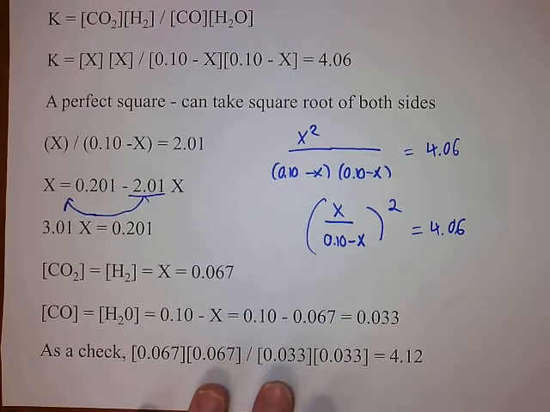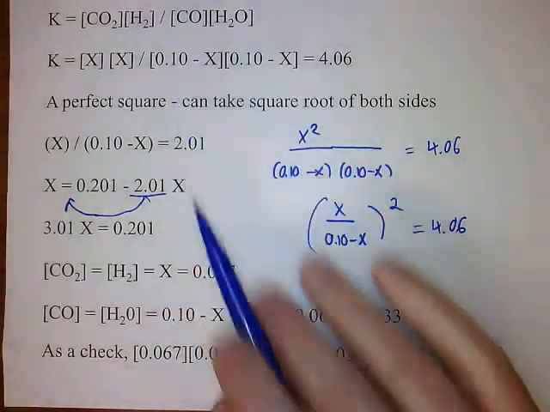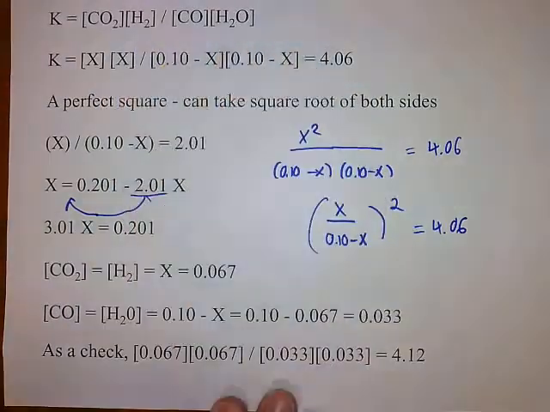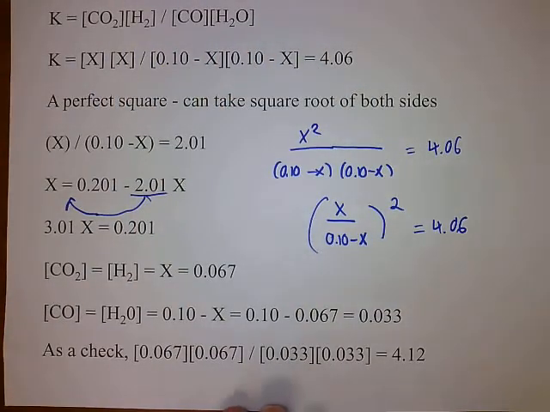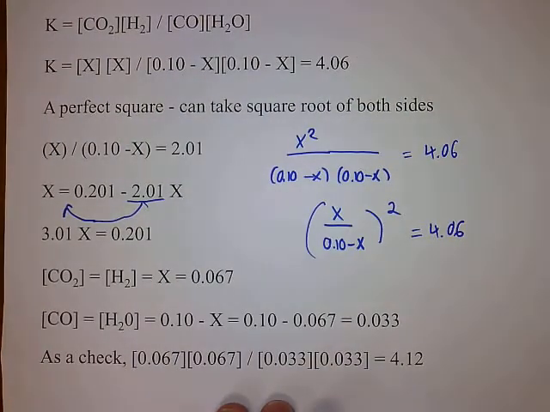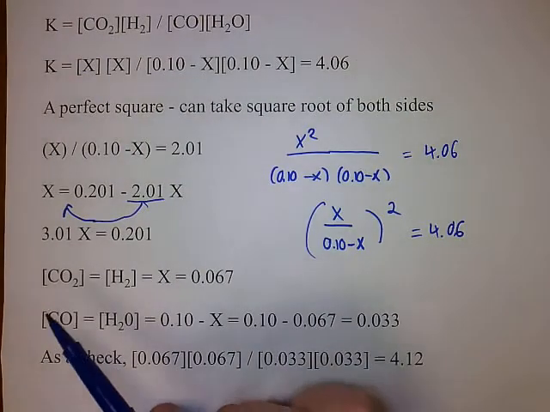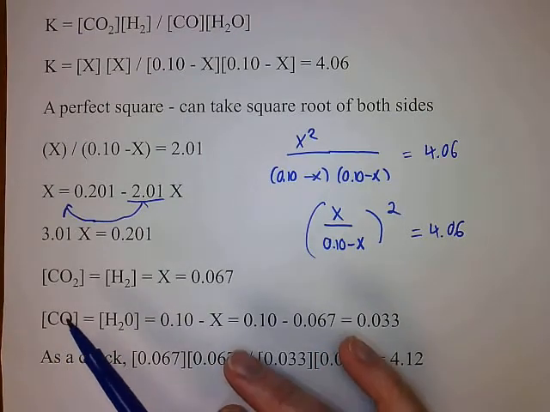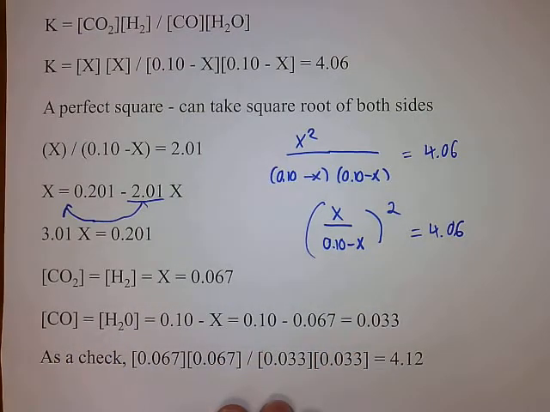So remember the way we set this up. X was the concentrations of CO2 and H2, okay? Because there were none of those present when the reaction started. To get the equilibrium concentrations of the reactants, we have to subtract, right?